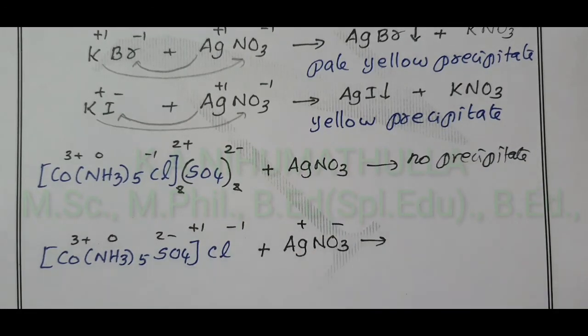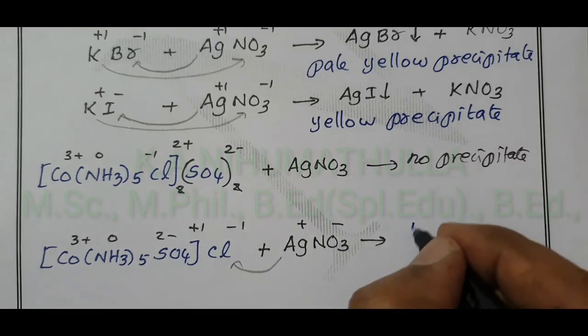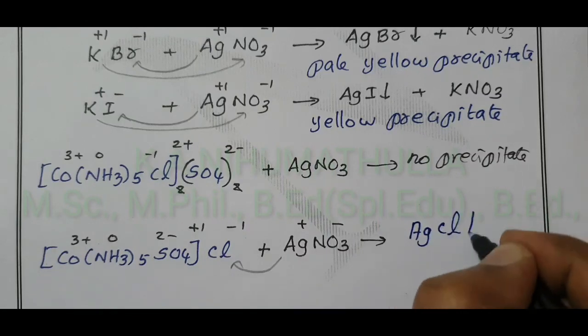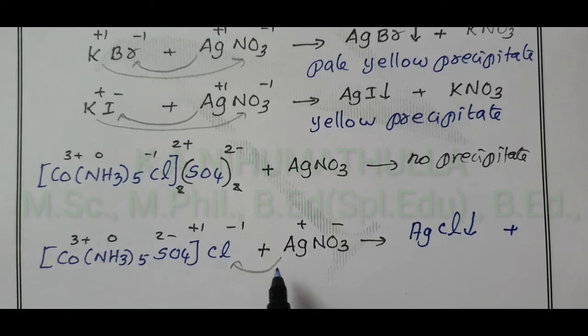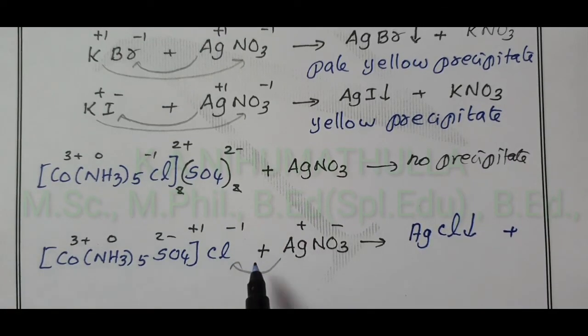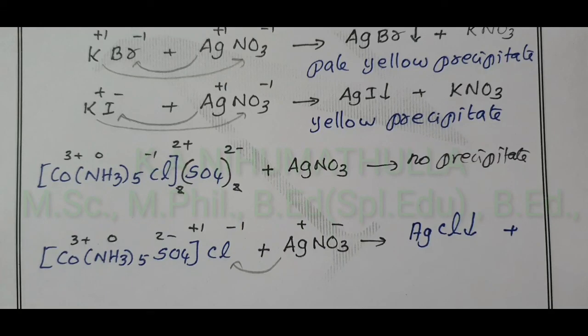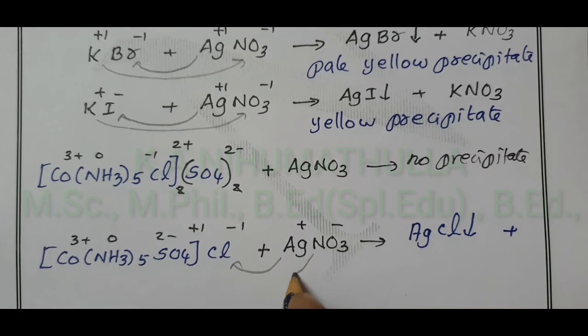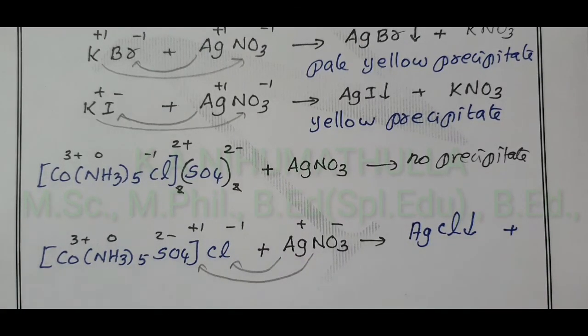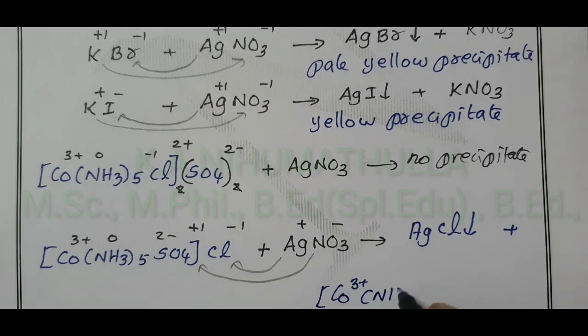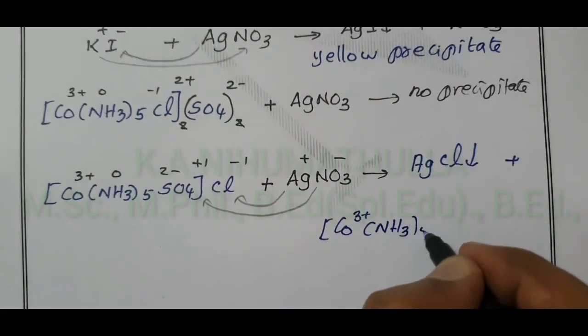Ag plus now combines with the Cl minus as we discussed before, to form AgCl. 1 mole of AgCl, a white precipitate, is formed in this reaction, indicating that there is 1 Cl minus present outside of the complex in ionic form, not in the ligand form. And NO3 minus is added to this plus, giving Co 3 plus, NH3 five times, SO4.